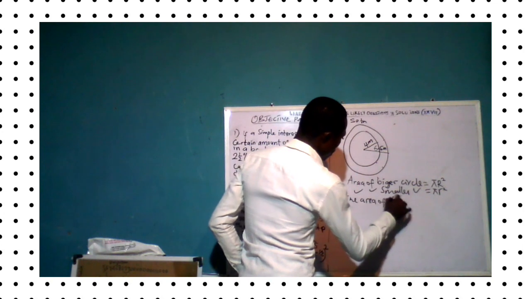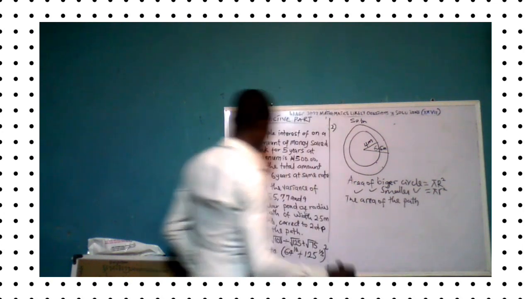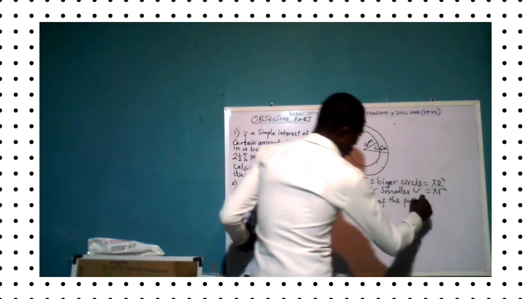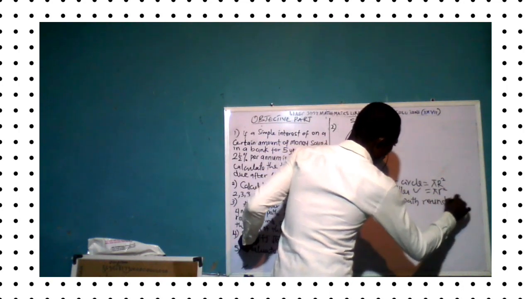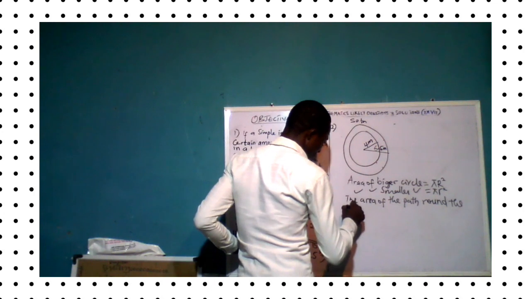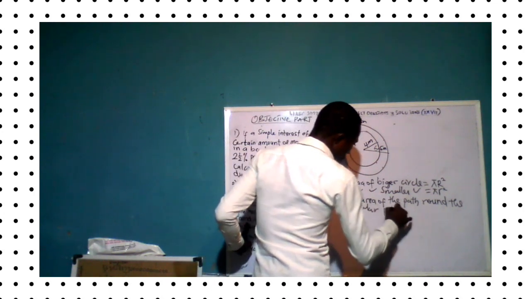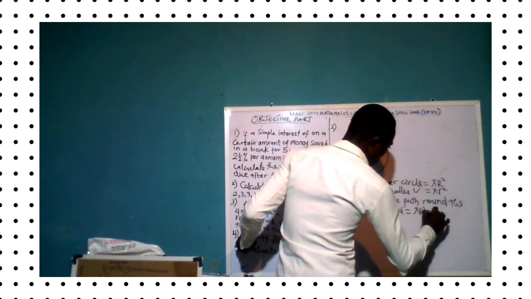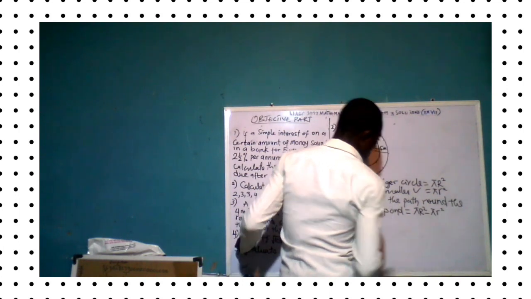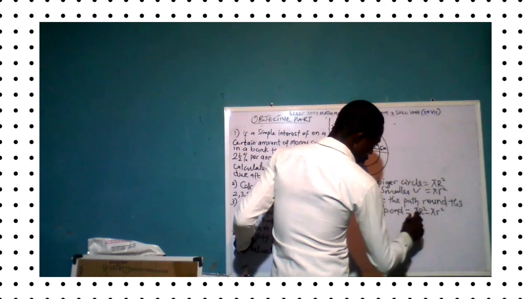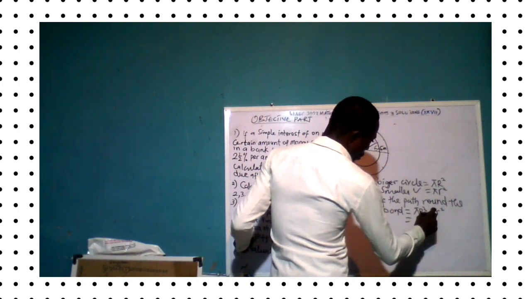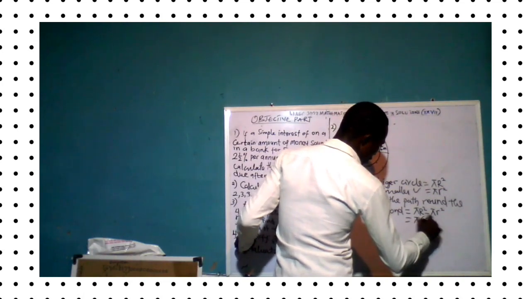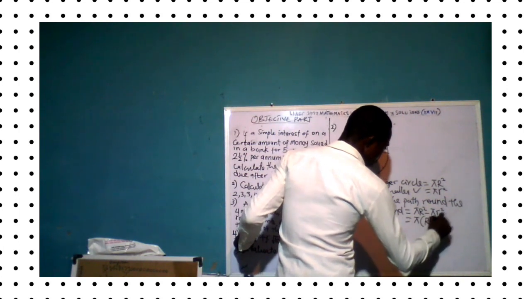Okay, so therefore the area of the path around the circular pond is equal to pi R squared minus pi small letter r squared, and this is equal to, because you can factor out pi, pi into open bracket, capital R squared minus small letter r squared.